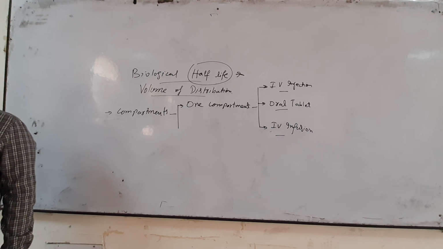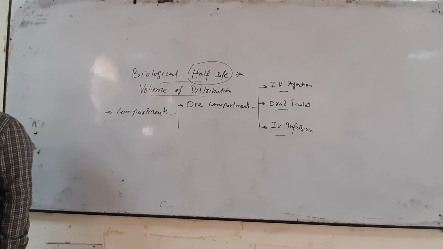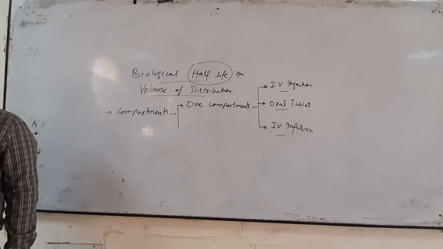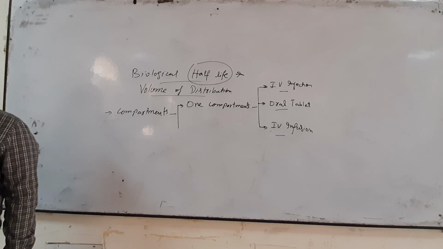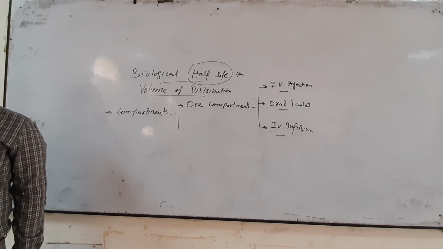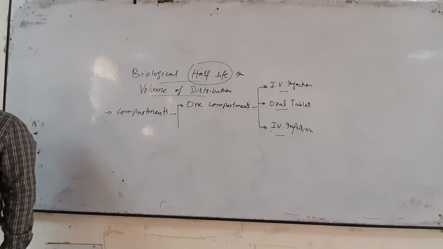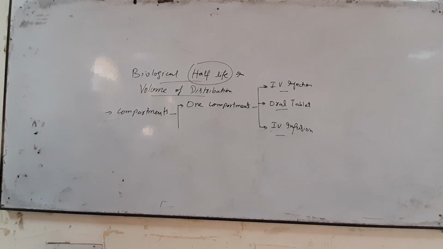And distribution half-life is basically the time at which half of the drug is distributed from one compartment to the other. It means we can divide these: absorption half-life, elimination half-life, distribution half-life, even metabolic half-life. The time at which half of the drug is metabolized will be called the metabolic half-life.